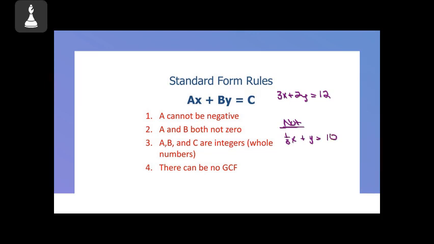That is not going to work because we have to have integers. You cannot have negative 7x plus y equals 14 because there is a negative here. You cannot have 2x plus 4y equals 20 because all of these have a GCF. So just some things to remember.